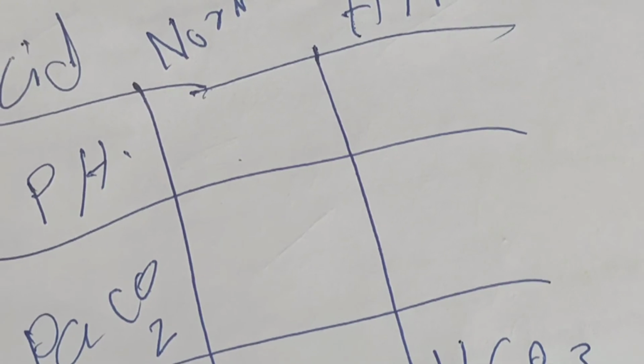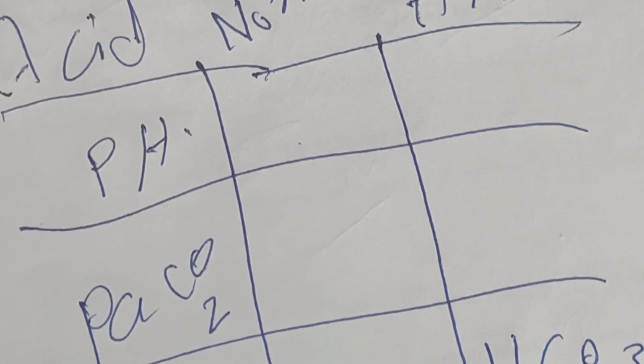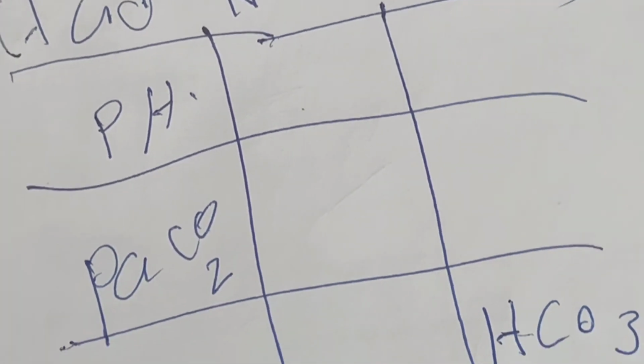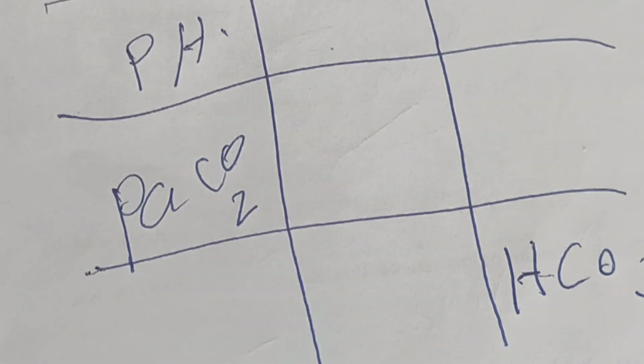HCO3. Now we want to answer the first question: is the patient having acidosis or alkalosis? The pH is on the acidotic side, so the patient is having acidosis. Second question, respiratory or metabolic. If PaCO2 is on the same side as pH, it is respiratory.